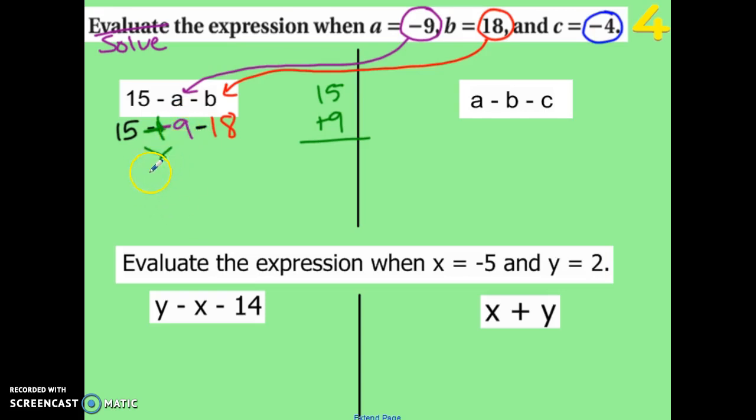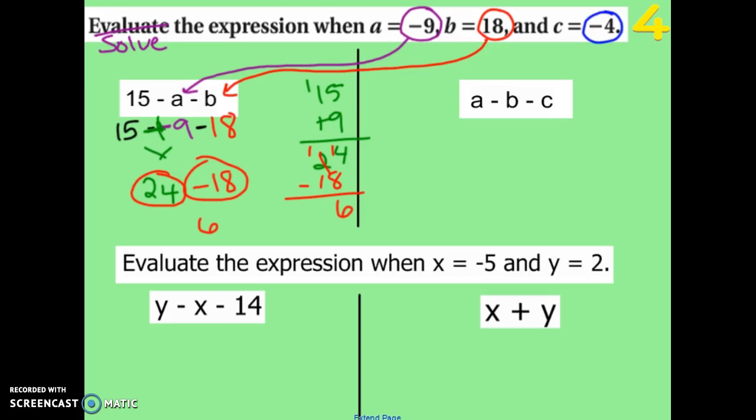Instead of 25, it will be 24. Same here. 9 plus 5 is 14, and there's 24. And then we have minus 18. We have a positive and a negative. Different signs, subtract. So if I do 24 minus 18, well, I can't do that, so I'm going to borrow. 14 minus 8 should give me 6. There's more positives, so my answer is positive.